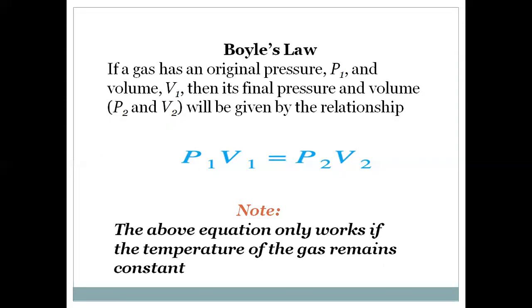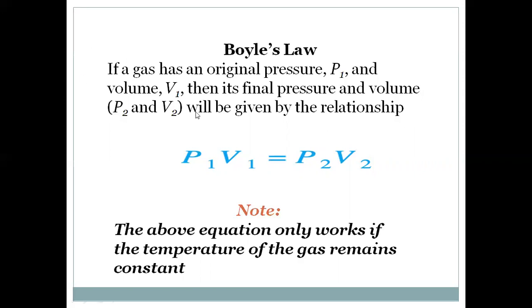So if you keep some amount of gas in a container, which originally has some pressure, P1, and some volume, V1, and you start to increase or decrease its pressure, the product of P1 and V1 will be equal all the time to the product of P2 and V2. And this relation is given by this formula.